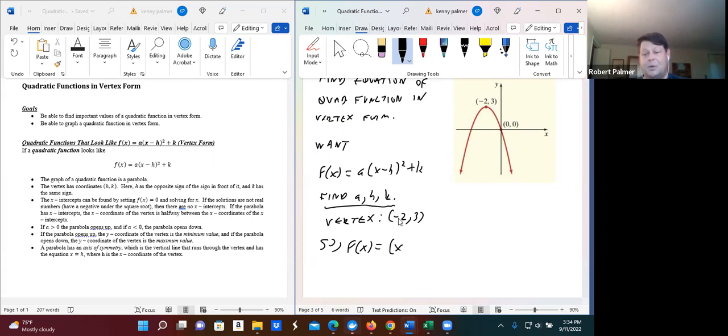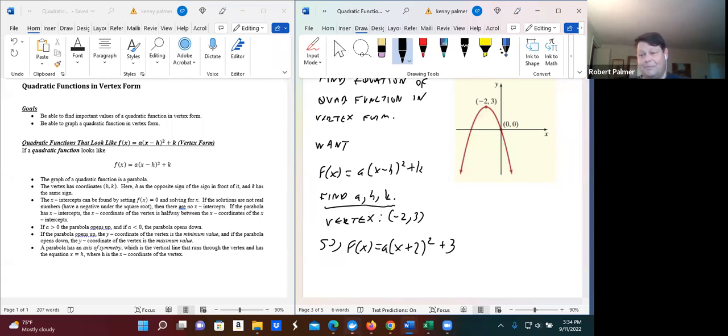This is -2, it means it's going to be +2. This is going to be (x + 2) squared. And the y-coordinate has the same sign, so +3. Okay, we still have our a. So we found h and k.